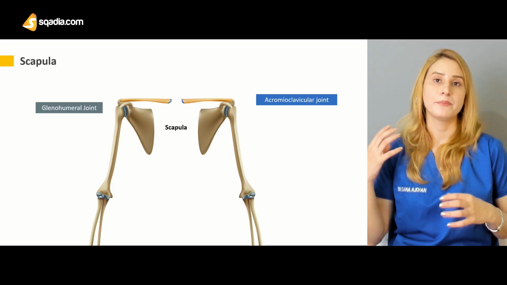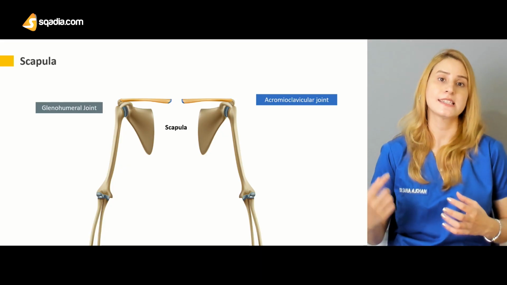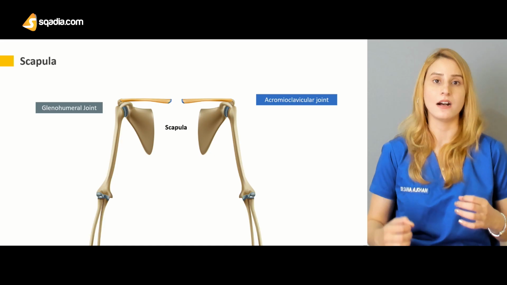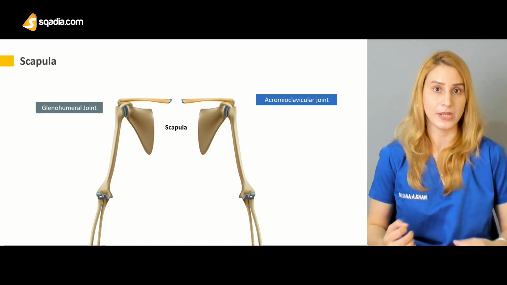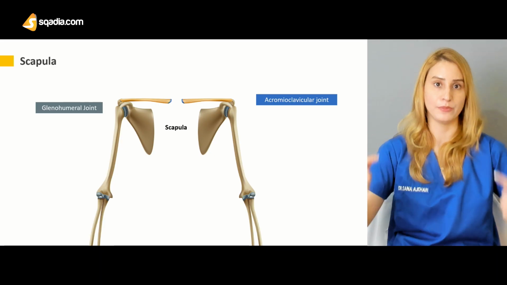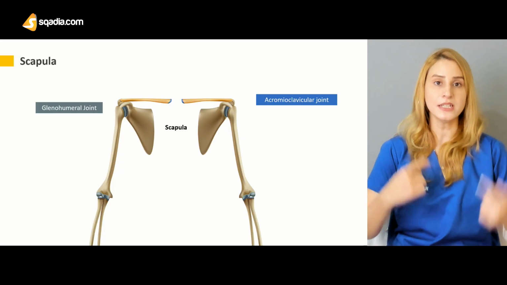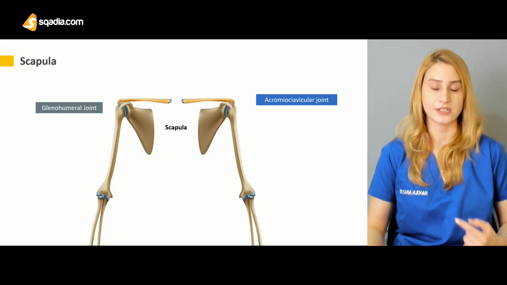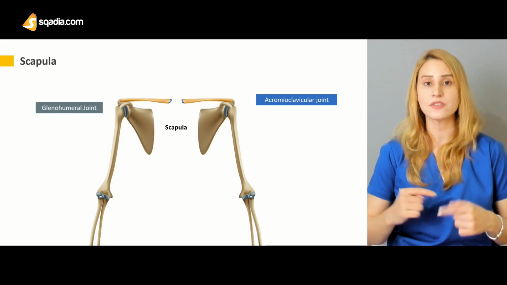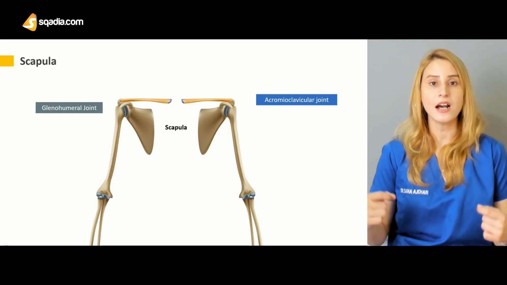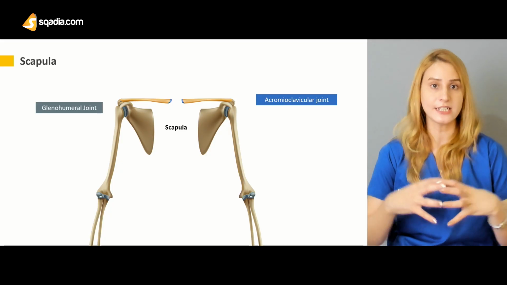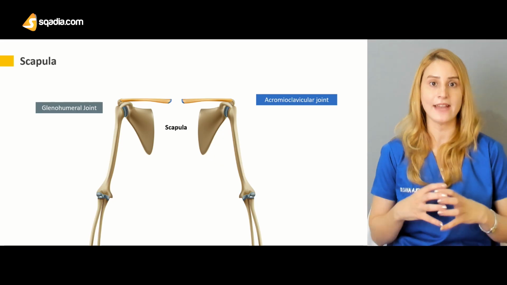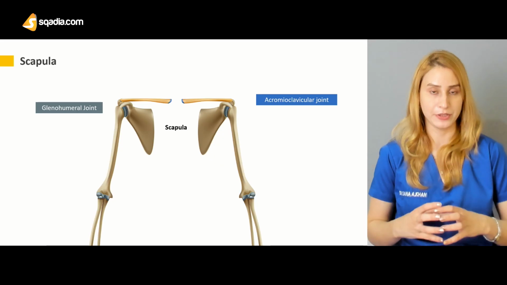But the shoulder joint has important free movements: full rotational movement, circumduction, medial rotation and lateral rotation. These movements are only possible because of the articulation with the glenoid cavity of the scapula.